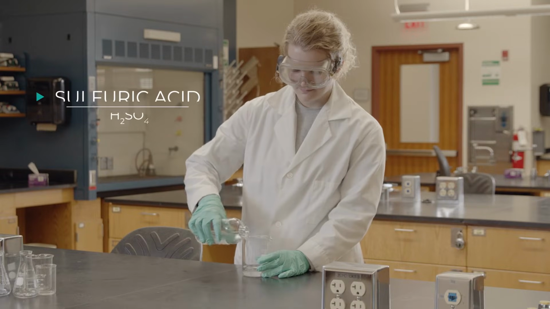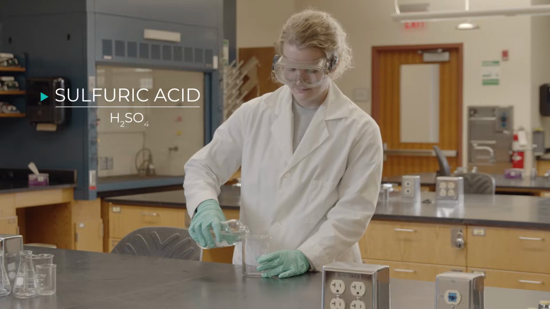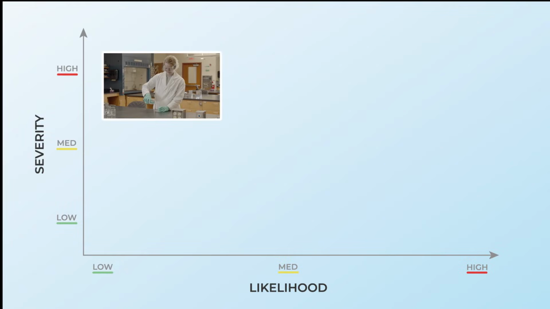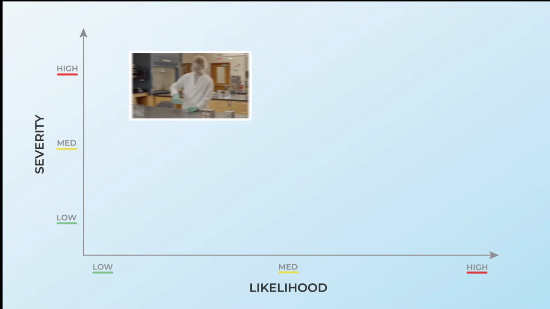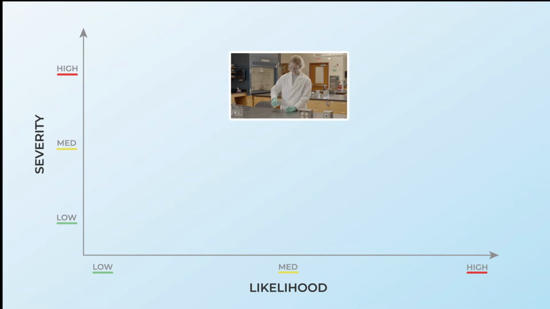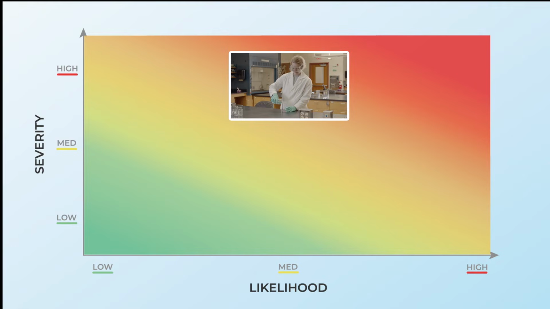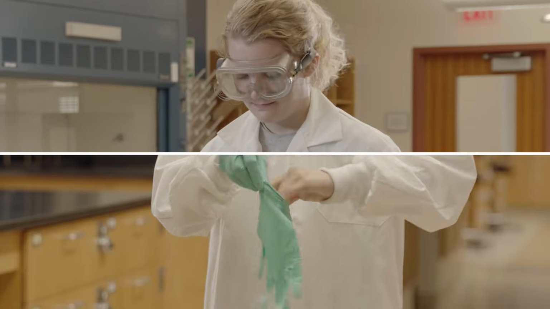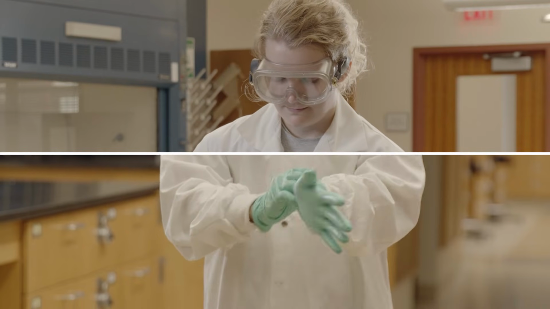In our second example, we want to dilute concentrated sulfuric acid. We're working with a concentrated strong acid, so the level of severity is rated high because it is corrosive to skin and eyes. The likelihood of exposure is medium. This gives an overall risk of medium or high risk, which means we should reduce the risk if possible. Wearing eye protection and acid-resistant gloves will reduce exposure.